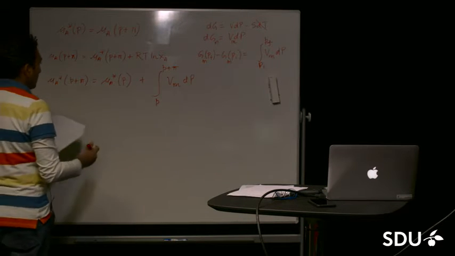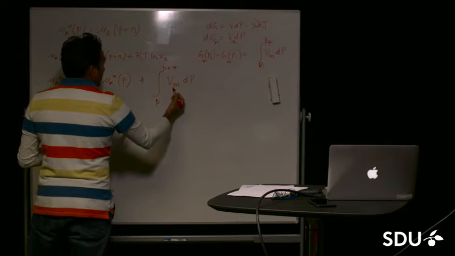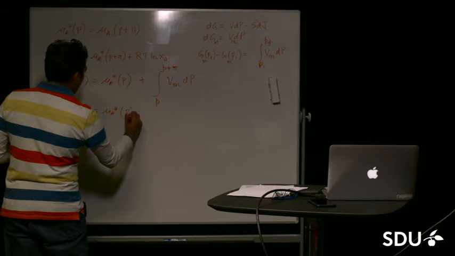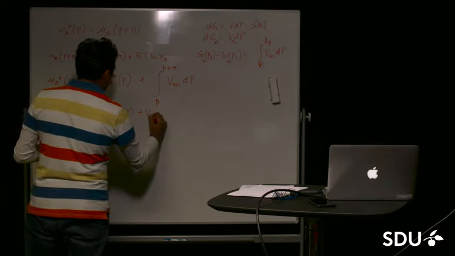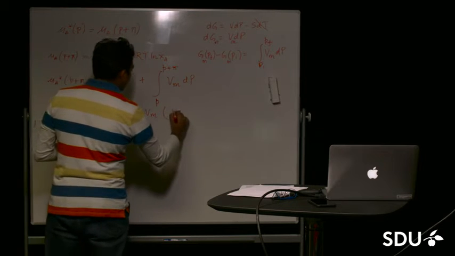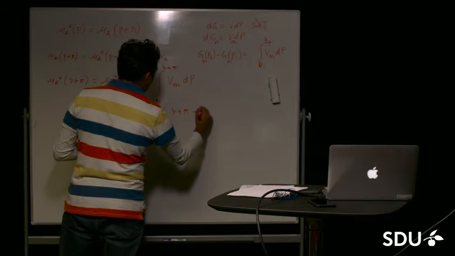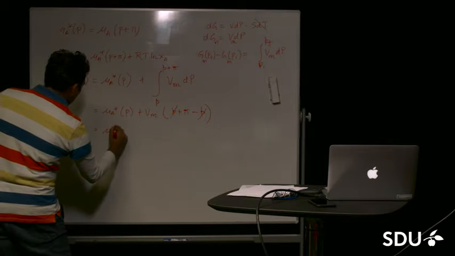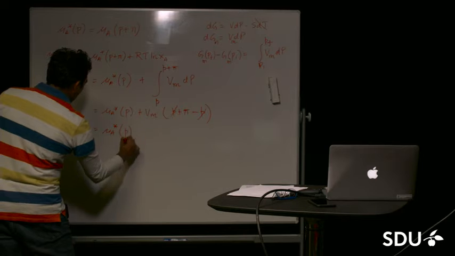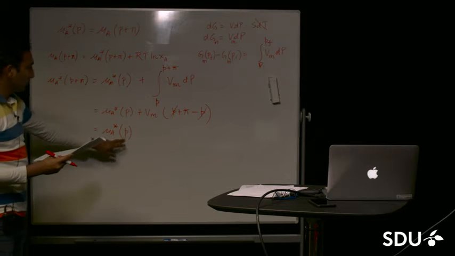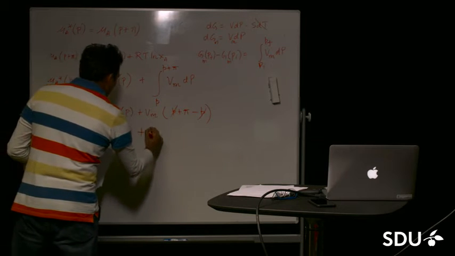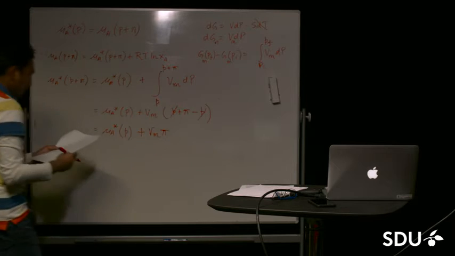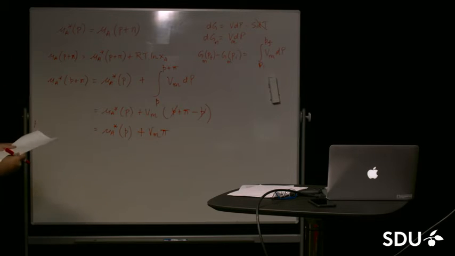Now, for liquids, the molar volume is fairly independent of pressure. So, I can bring the molar volume out of the integral, and then we have P plus pi minus P, P cancels out, and this becomes the chemical potential of pure solvent at a pressure P plus the molar volume multiplied by the osmotic pressure.